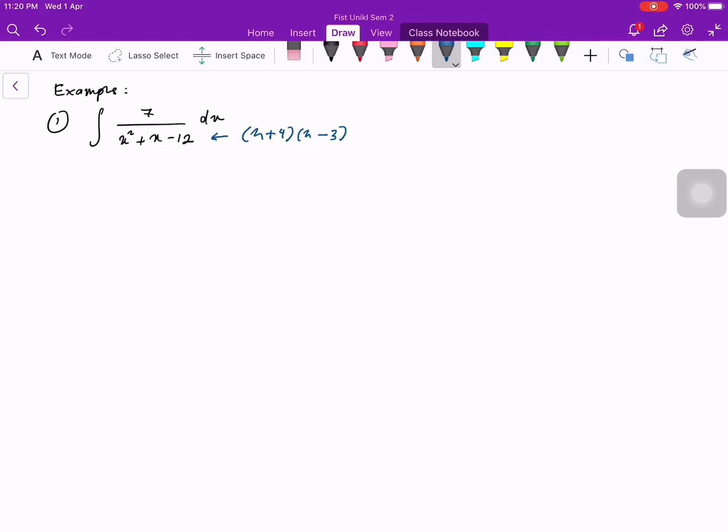So then I'm going to rewrite this one as integral of 7 over (x plus 4)(x minus 3) dx. Then we're going to use partial fractions to solve it. So by using partial fraction of 7 over (x plus 4)(x minus 3), both are linear factors.